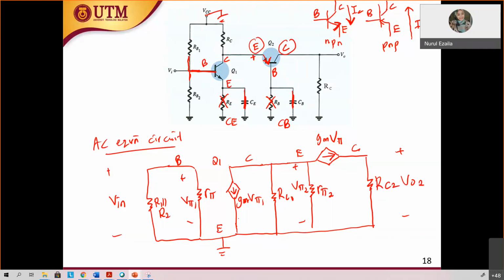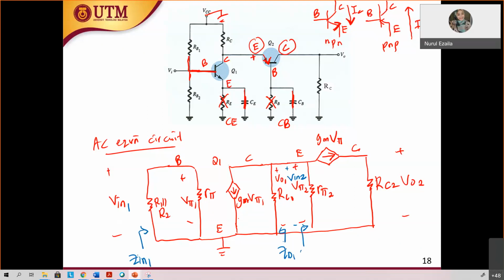Can I write this as your V out 1? And I'll use a different color. This is V in 2. So you have V in 1, V out 1, V in 2, V out 2. Since there is no notation for the input impedance, this is your Z in 1 and this is your Z out 1.